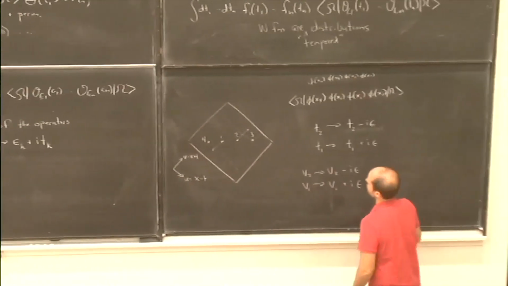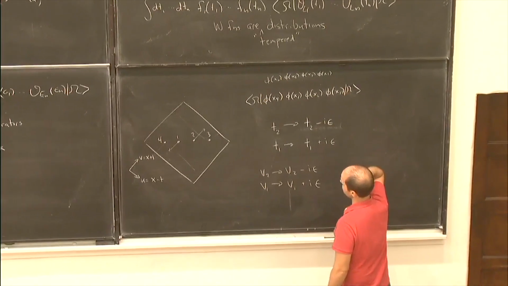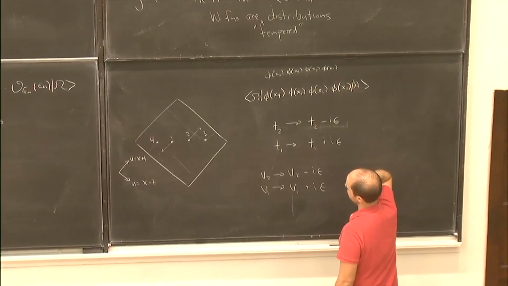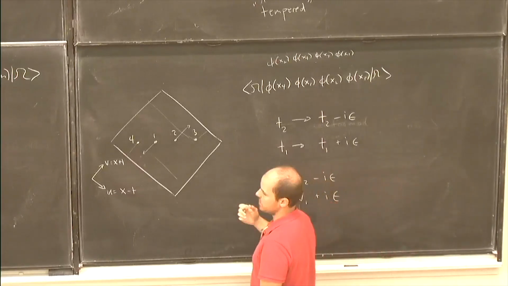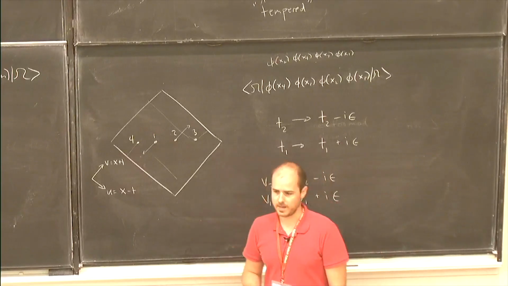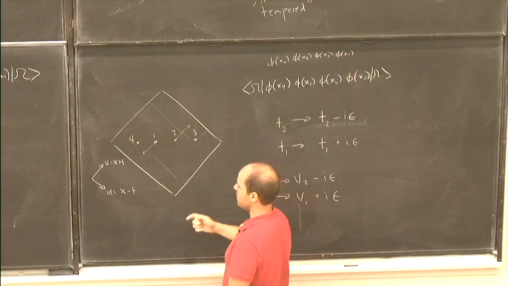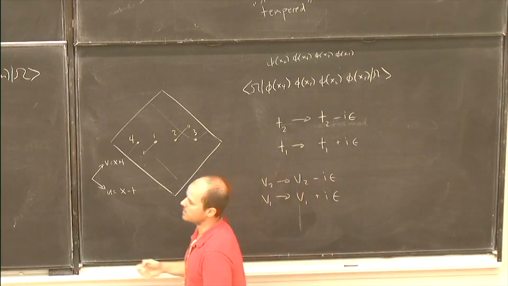And this particular ordering is an interesting ordering for one reason: it's equal to the time-ordered correlator in this kinematics. It doesn't have to come back to itself.